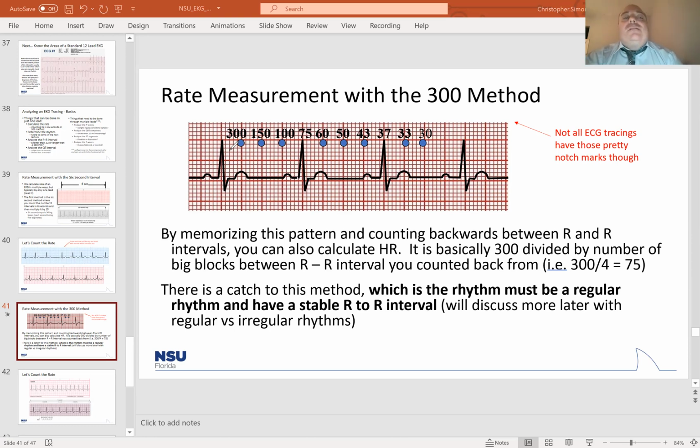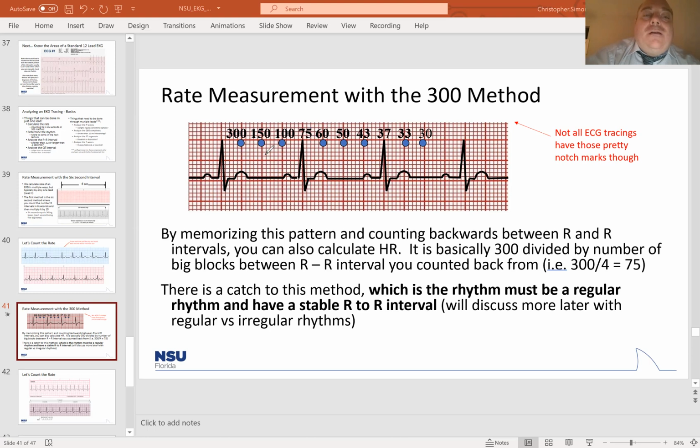So let's pretend for the sake of argument that from this big box to this big box there was another R wave, like the next R wave was right here, okay? If that's the case, the heart rate you could automatically say is 300, okay? Let's say the next R wave was not right here.